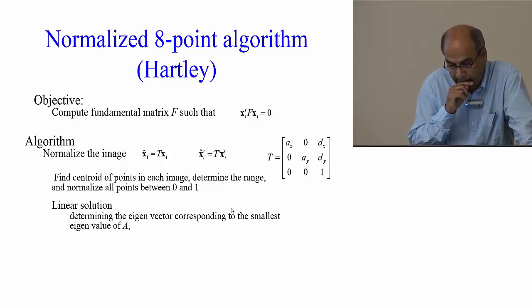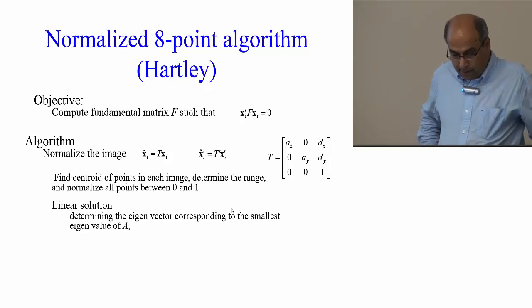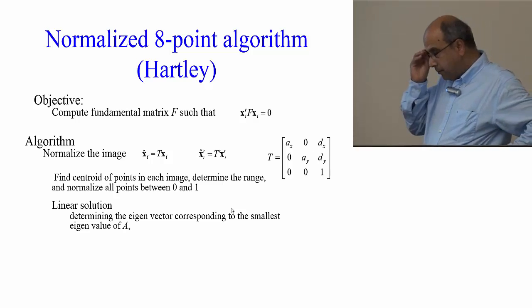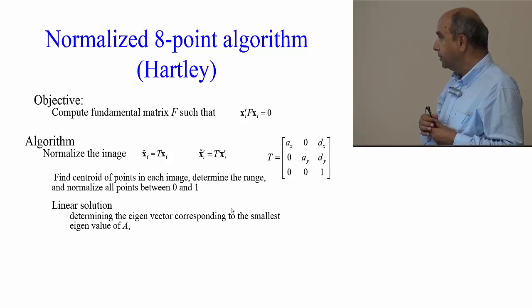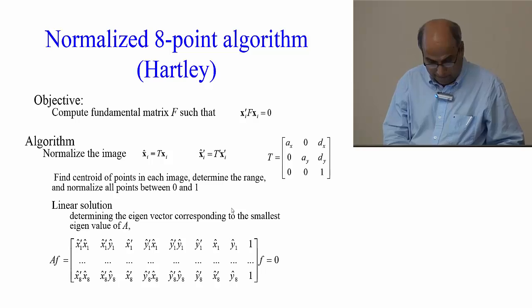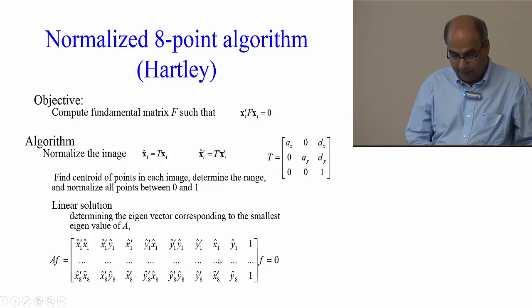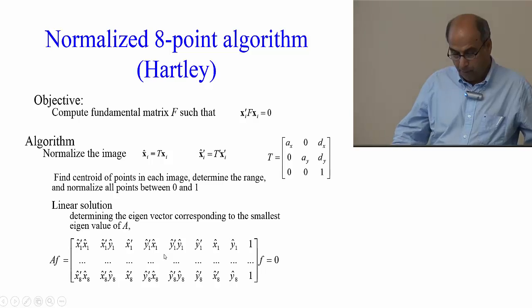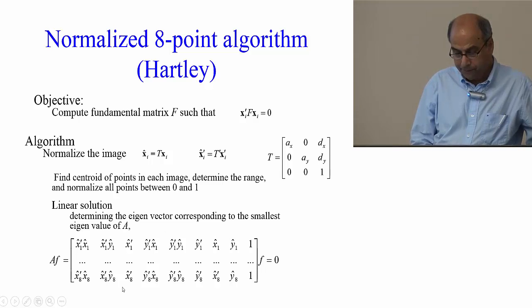Now the way we are going to solve this is that the A matrix we talked about here, which is our matrix where we put all these points. Since the rank of this is 8, even though there are 9 unknowns, we will find the eigenvector corresponding to the smallest eigenvalue of this matrix.